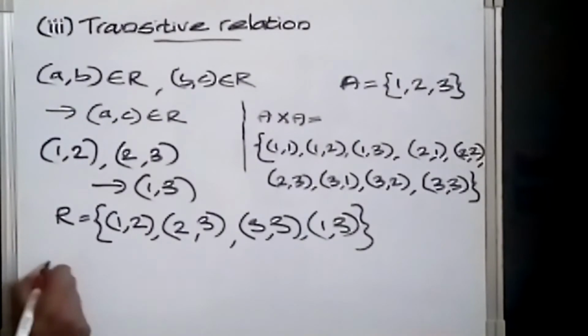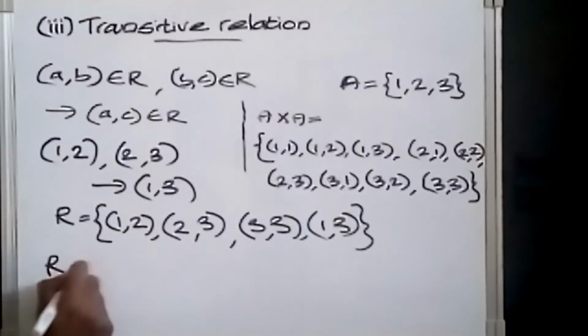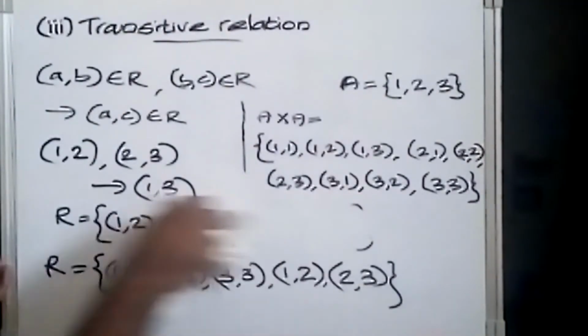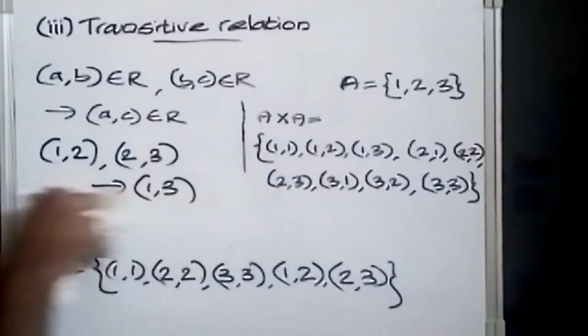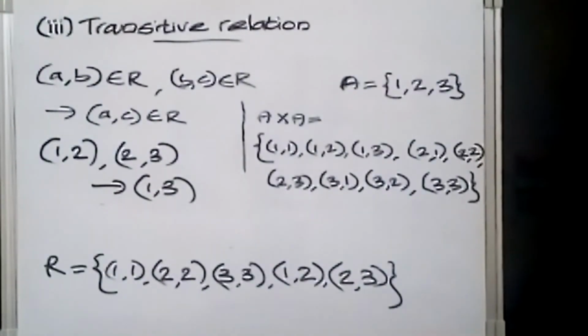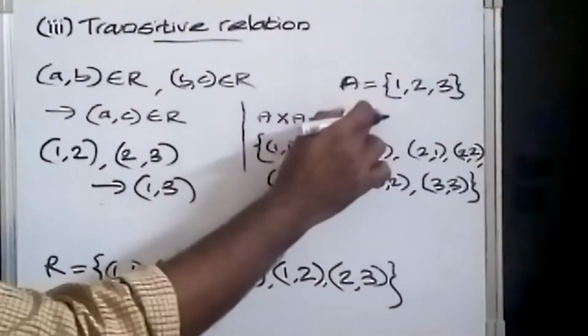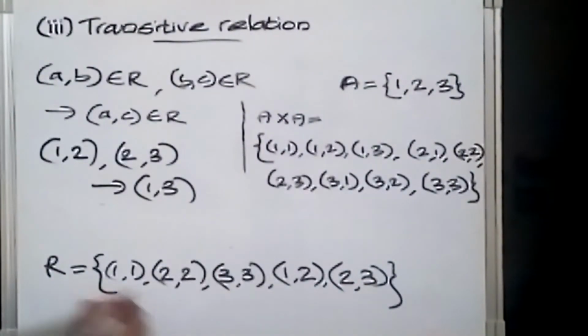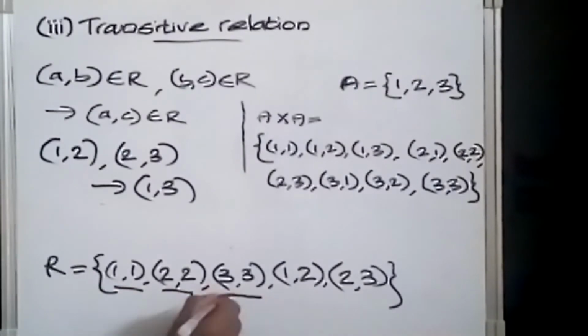Consider another relation R. Is this relation reflexive? It is clearly reflexive. On the set A equal to {1, 2, 3}, the relation is a reflexive relation because the relation contains the ordered pairs (1, 1), (2, 2) and (3, 3). Is the relation symmetric?